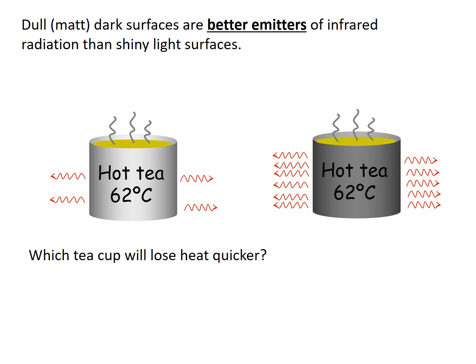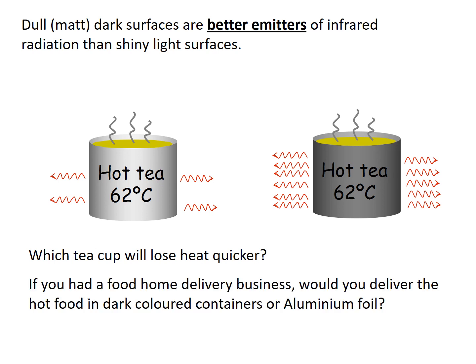So which will lose heat the fastest? Will it be the cup of tea in the shiny cup, shiny inside and out, or will it be in the dull cup? If you had a food delivery business, would you deliver the food in dark coloured containers or aluminium foil?